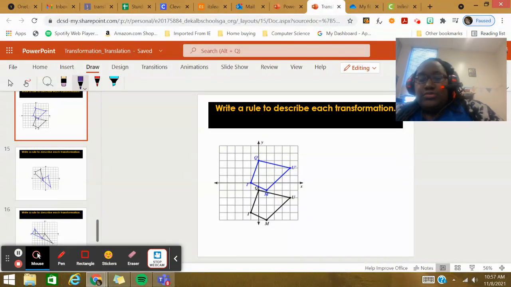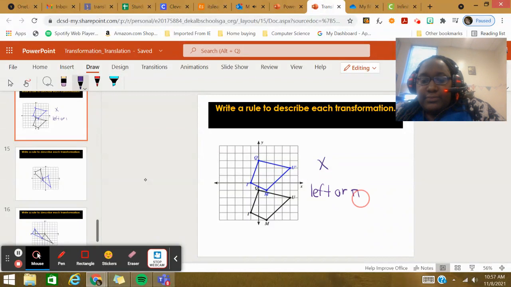So to write this rule, remember that X goes left or right. And then Y goes up or down.